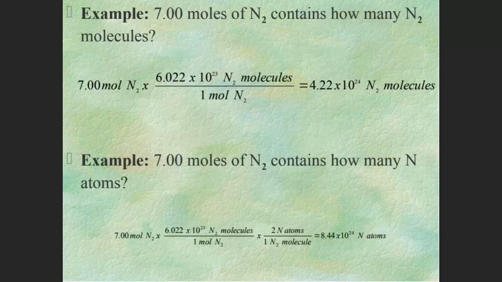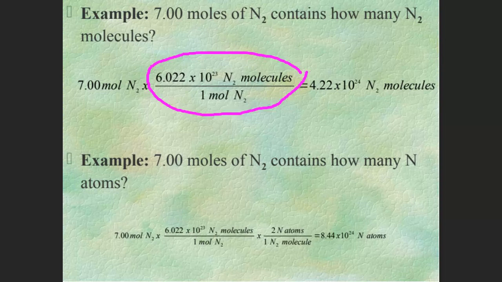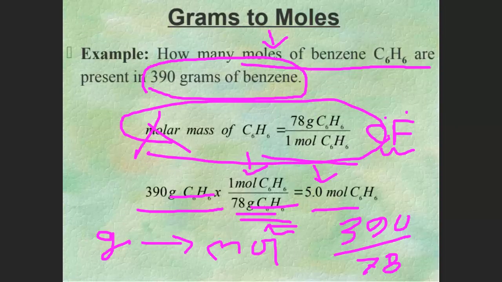7 moles of nitrogen contain how many nitrogen molecules? Look here. We have to first calculate how many molecules 1 mole of nitrogen contains. We know this is fixed: 1 mole of nitrogen molecules contains 6.022 times 10^23 nitrogen molecules. This is fixed; scientists already fixed it by their experiment.